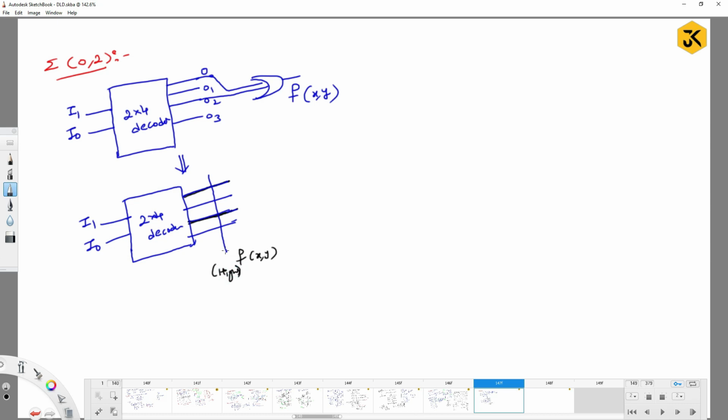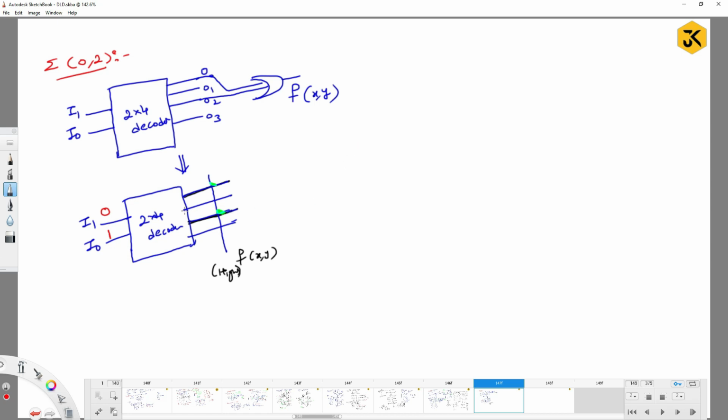So what can you do? Can I make a connection here? If I make a connection, what will happen? Assume that four horizontal lines are there. If the 4 horizontal lines are connected with some lines, right? For example, if the input is 0, 1, high output will be generated on which line?